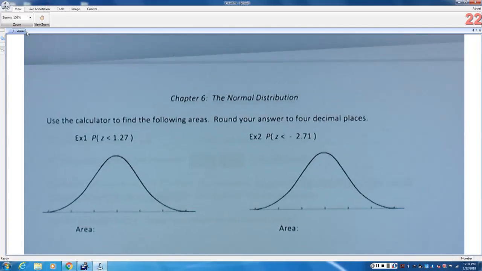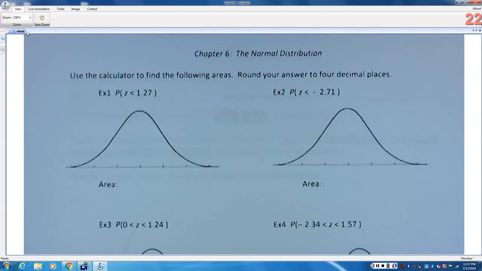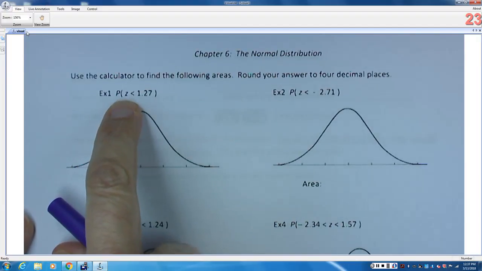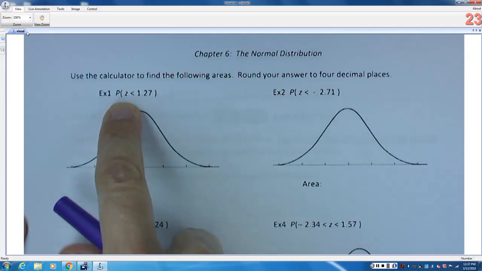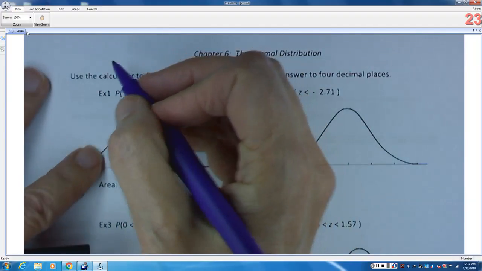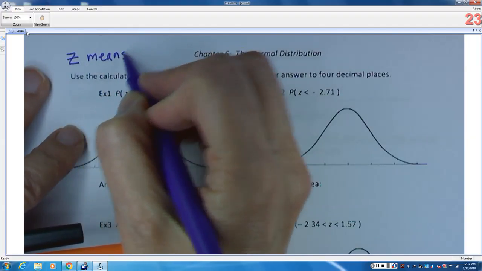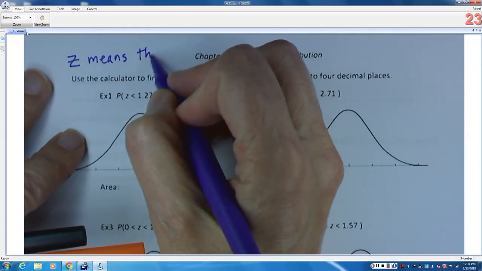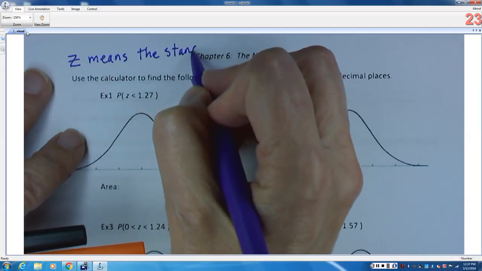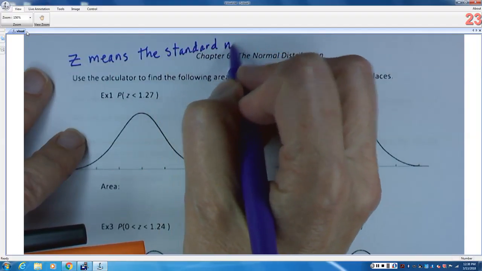So when we're finding the probability under the standard normal curve, it'll use Z. That means it's a standard normal curve.